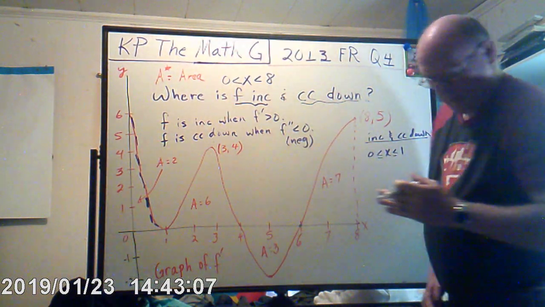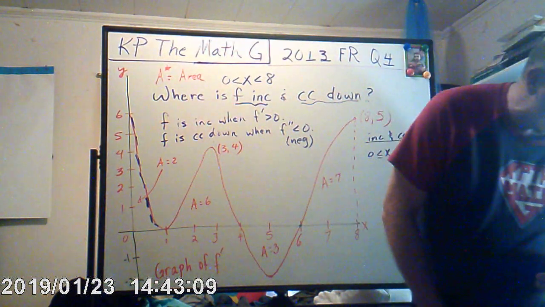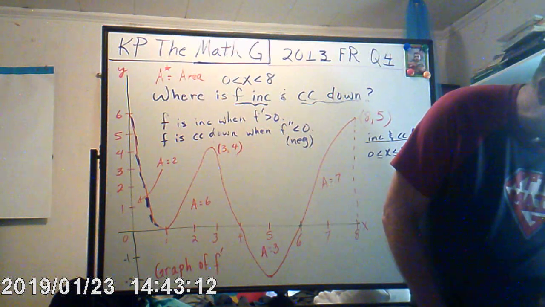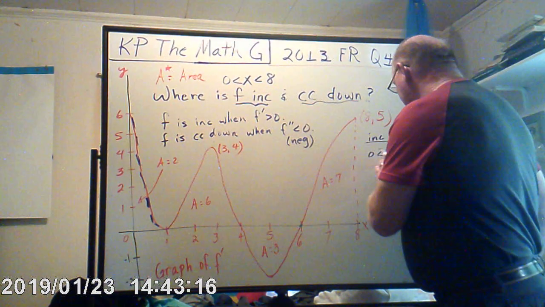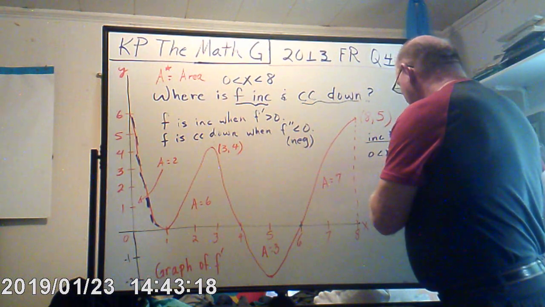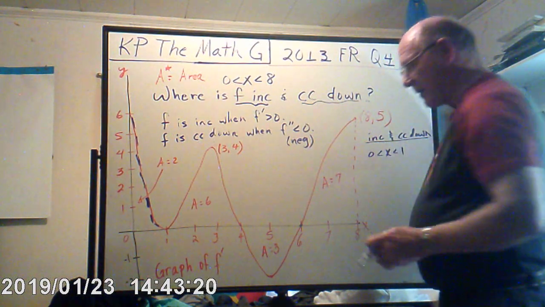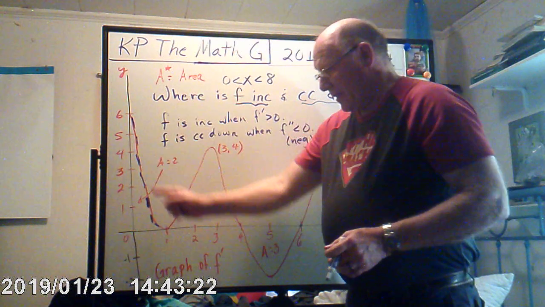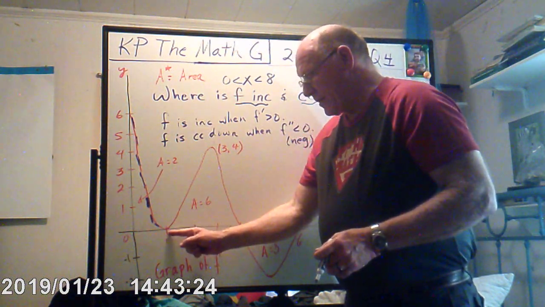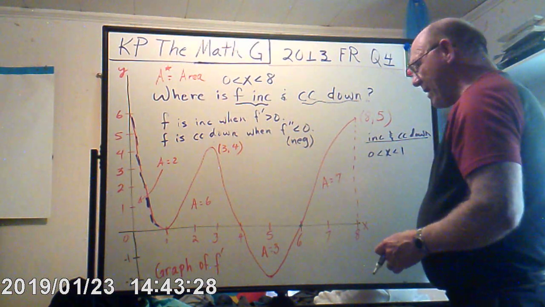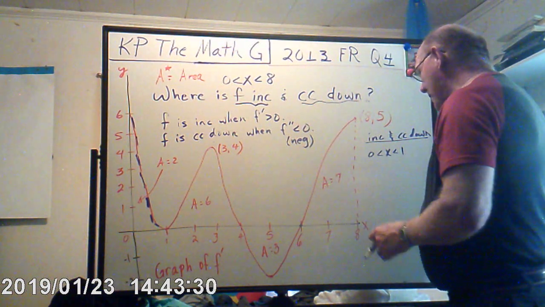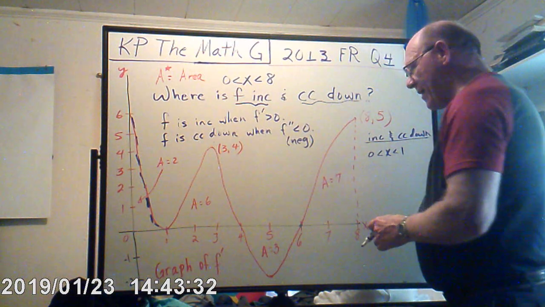Now, do they include the endpoints or not? Do they make that inclusive? No, they don't. Alright, so increasing and concave down on 0 to 1.